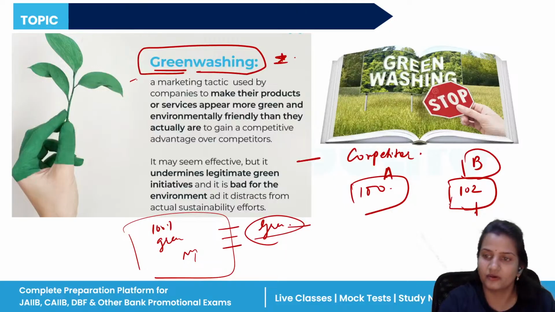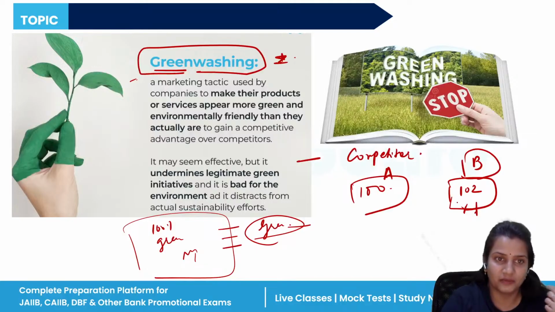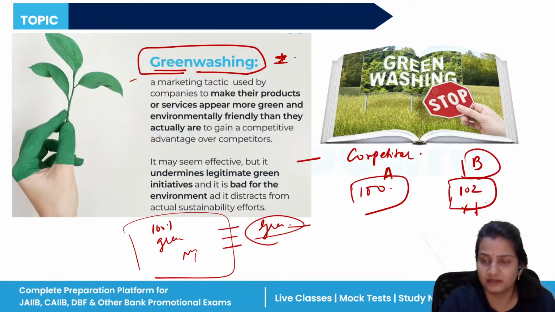Customers will be attracted by your packaging and labeling, and they will think this product represents environmental sustainability and is environmentally friendly, so let's purchase it. Although your product costs more, customers will still purchase it because they believe it is environmentally friendly.